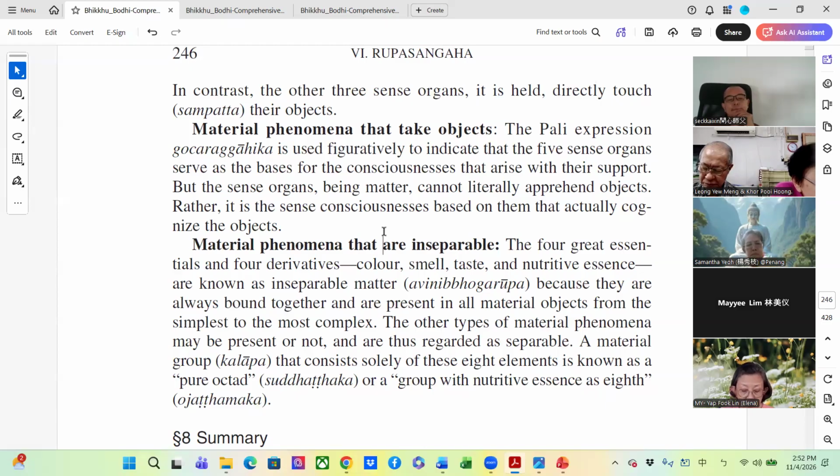The other types of material phenomena may be present or not, and are thus regarded as separable. A material group, kalapa, that consists solely of these eight elements is known as a pure octet, or a group with nutritive essence as the eighth.